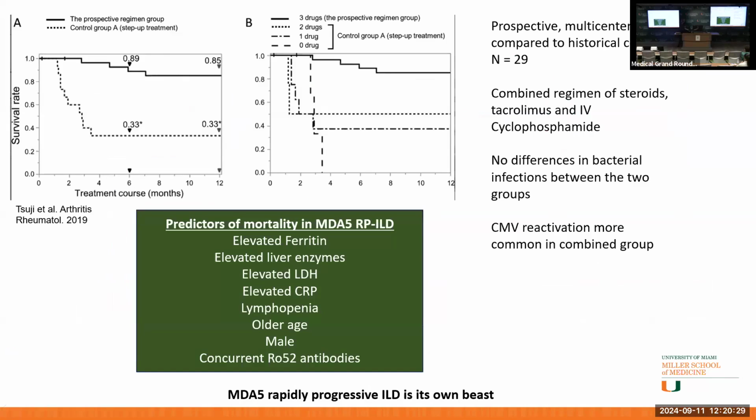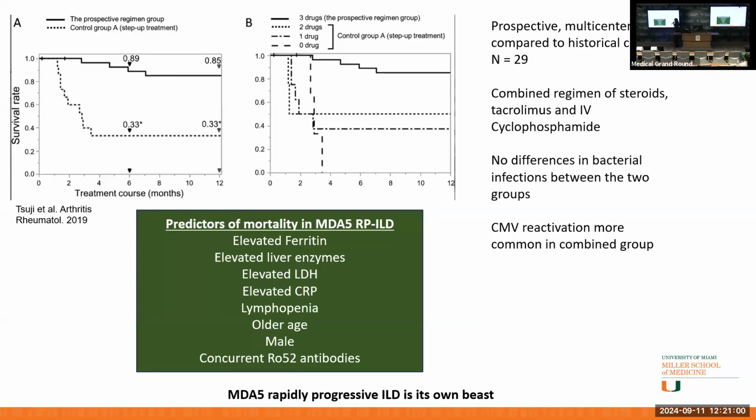Now, MDA5 rapidly progressive ILD, which comes from a form of dermatomyositis that's very aggressive, is, I put down here, its own beast. But you can see here, we actually suggest combining immunosuppression out the gate, because if you do step-up therapy, meaning you add as a patient gets sicker, the mortality really falls off here, which is the graph on the right that you can see.